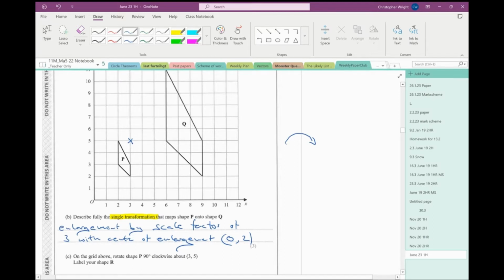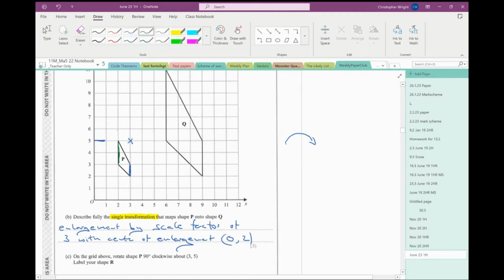Now this side here is going to rotate 90 degrees clockwise. So it's currently vertical, so it'll end up horizontal, and it'll end up the same distance, so it'll be here. So that's where that side goes. Right, now this side, which I'll colour green, is vertical, so it's going to end up horizontal, and it's going to go 90 degrees clockwise.